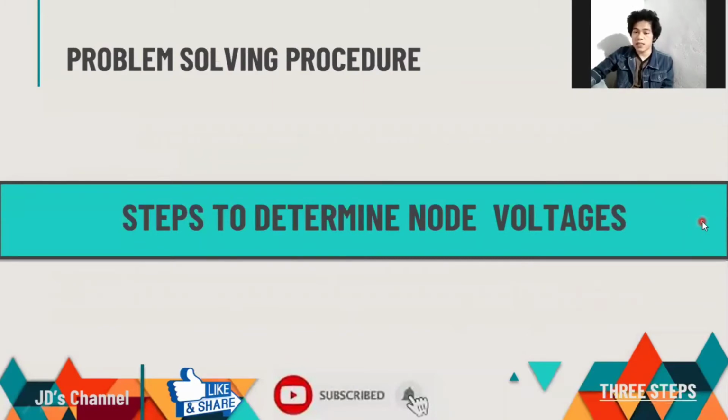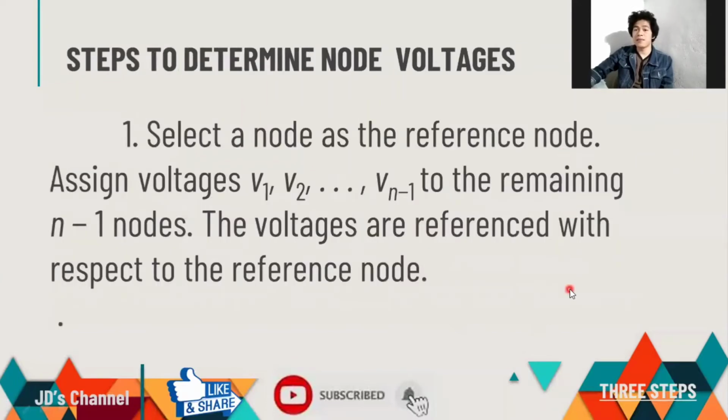So, the next one class is the steps to determine the node voltages. Una-una, select a node as a reference node, katulad ng ating nabanggit kanina. Assign voltages V1, V2, and so on, kung ilan man ang iyong node, to the remaining n minus 1 nodes. The voltages are referenced with respect to the reference node.